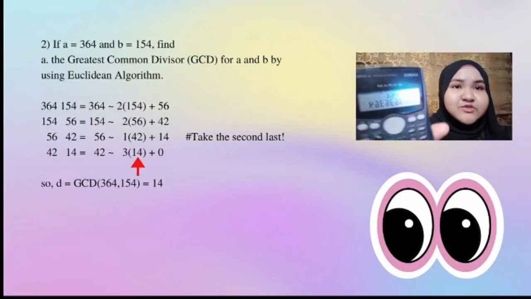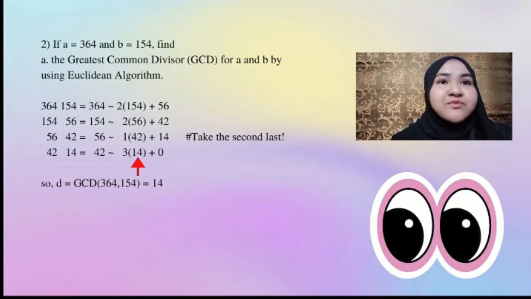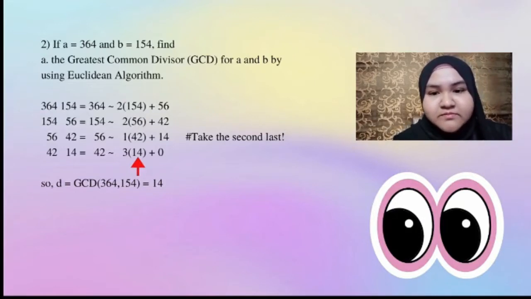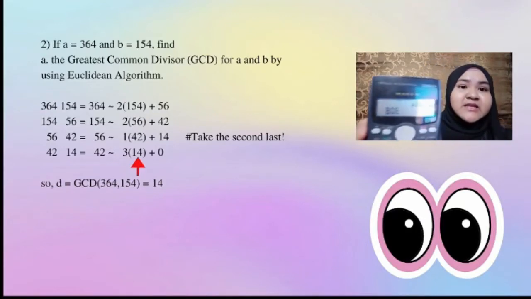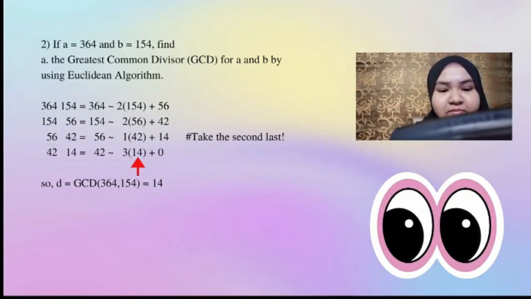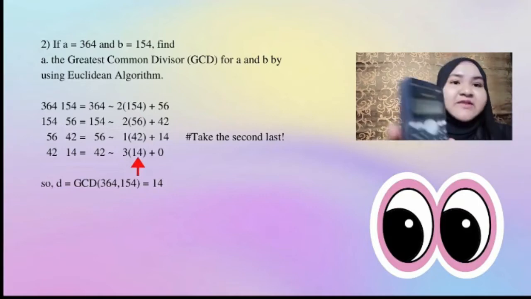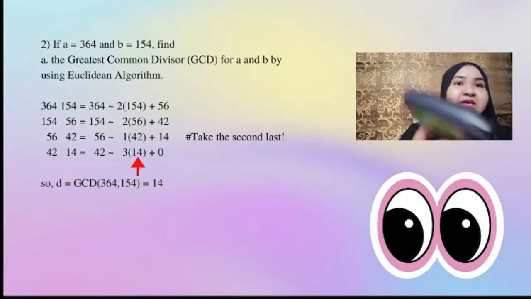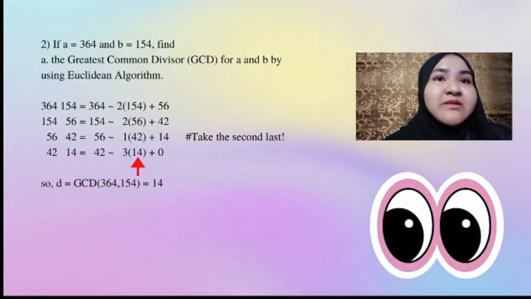Then times 154, we get 308, and minus from 364 to get the remainder, so we get 56.